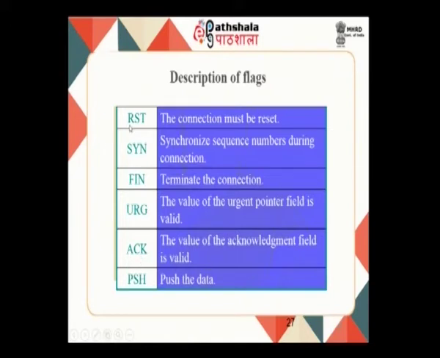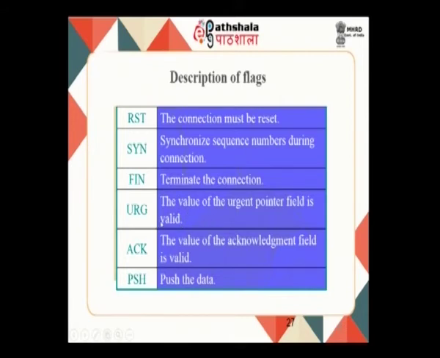Other than this, we have 3 different flags. One is reset, which indicates that the connection must be reset. This means that irrespective of whatever is happening, just throw out everything, reset the entire connection. Urgent is a very special flag, which is used whenever you are sending some urgent data along with the regular data that is being sent. It is almost like saying you have an urgent mode where some express data can be sent along with the regular data.